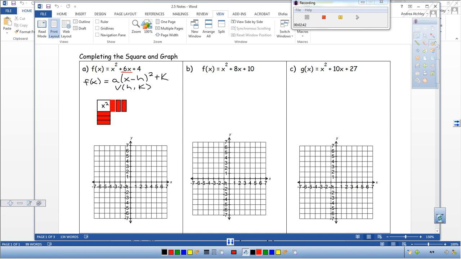Any questions over that? So now I have the length of my sides being x plus 3 and x plus 3. So in my parentheses, I should have x plus 3 squared.